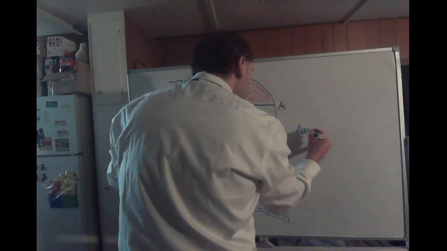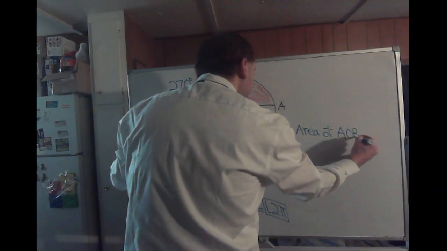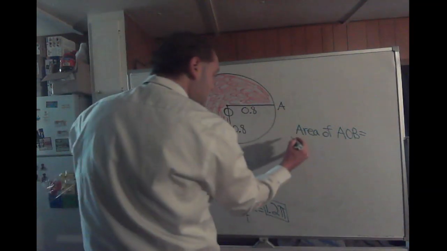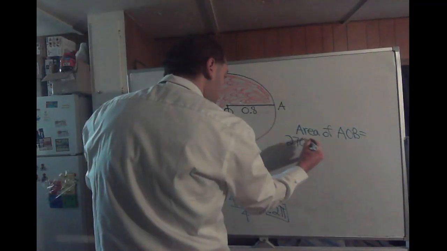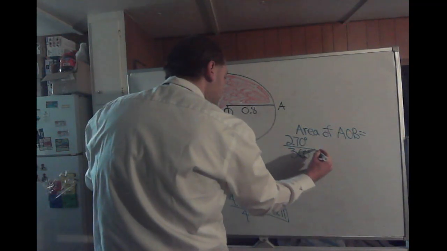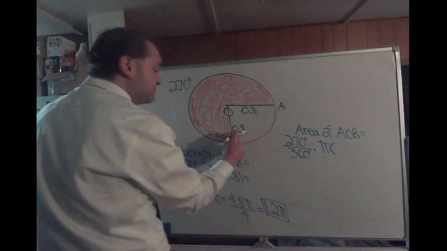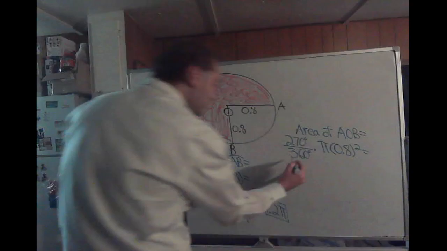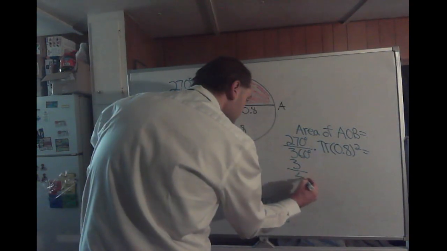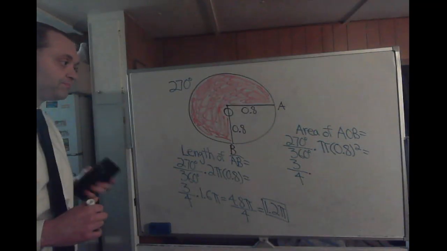So the area of AOB is equal to, of course, that 270 degrees out of 360 degrees times, in this case, the formula for the area of a circle, which would be pi times that radius of 0.8 to the second power. Well, 270 out of 360, that's 3/4 times, all right, what is 0.8 to the second power?